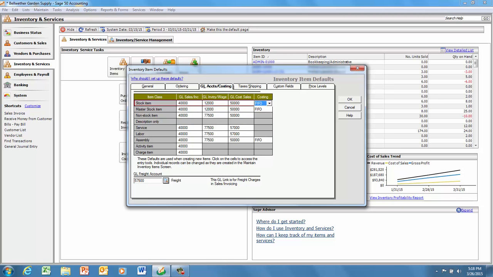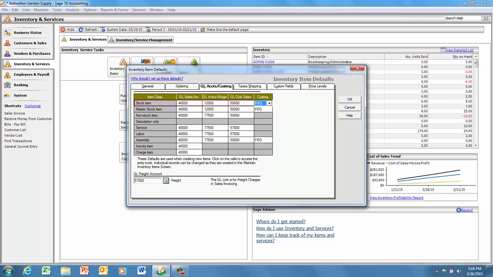So every single time I sell inventory, I got to calculate how much did this inventory cost me using FIFO, LIFO, or average cost, and then credit that inventory account for that cost. Not how much we charge the customer, but how much it cost us.